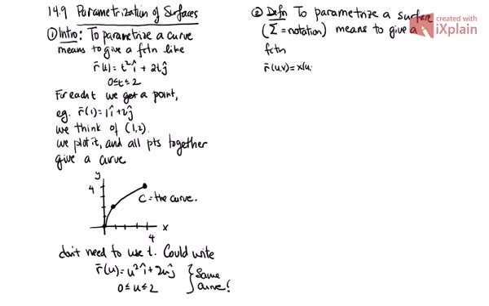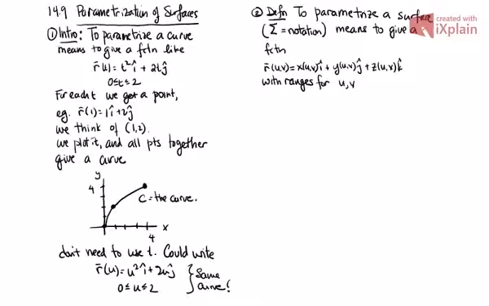So we'll write x of u and v i plus y of u and v j plus z of u and v k. Same deal, we're going to give ranges for u and v. Those will typically be given by inequalities, just like for t. We'll see those as they come.